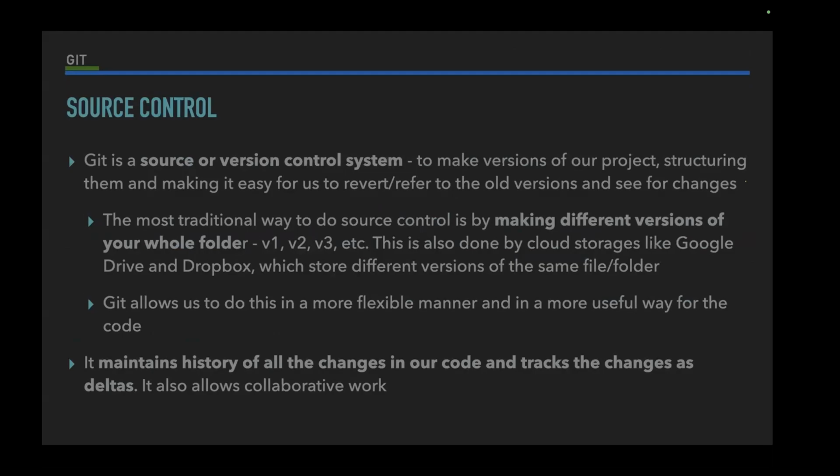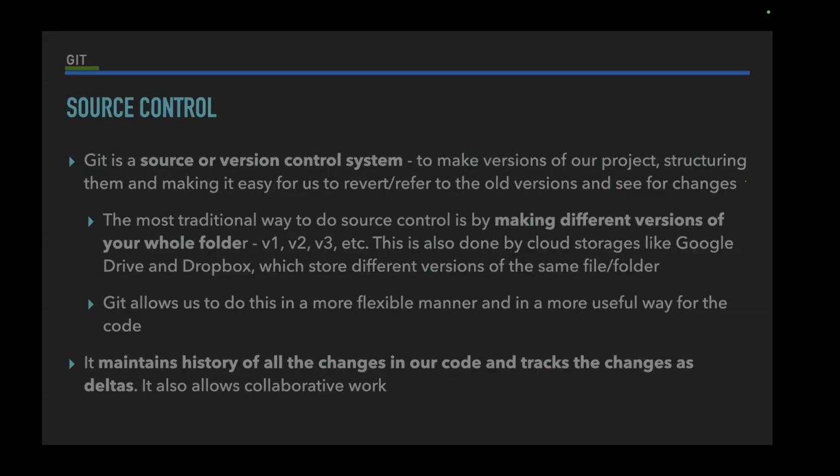You'll have versions of this folder: version one when you are initially doing some stuff, then version two when you are making some changes on top of it, and then version three, leading up to the final version.